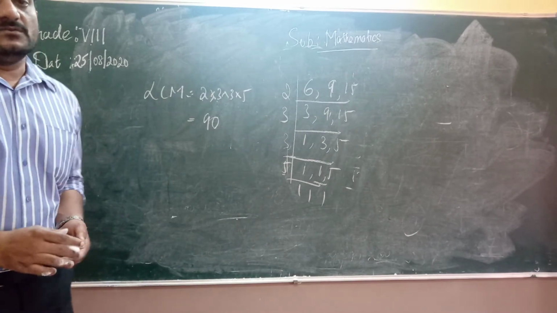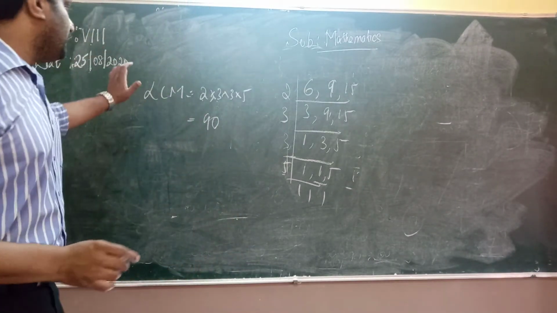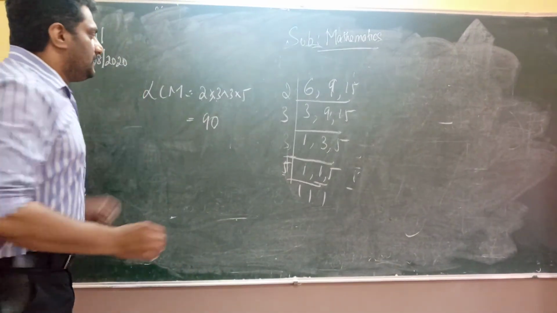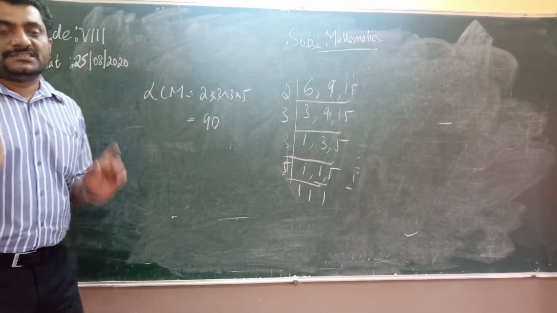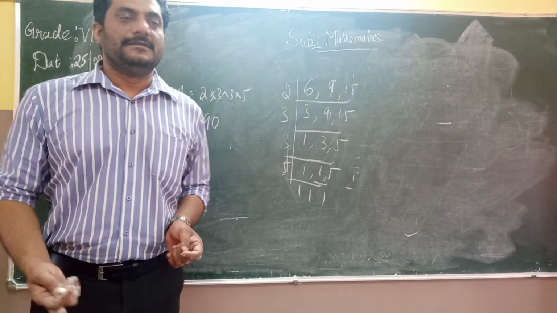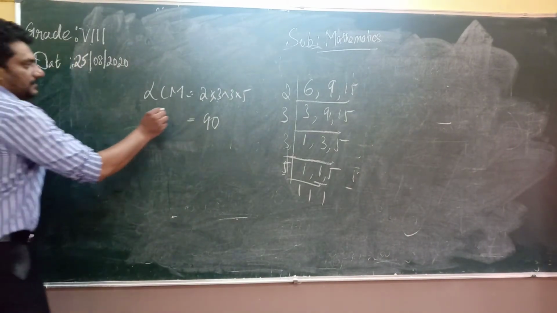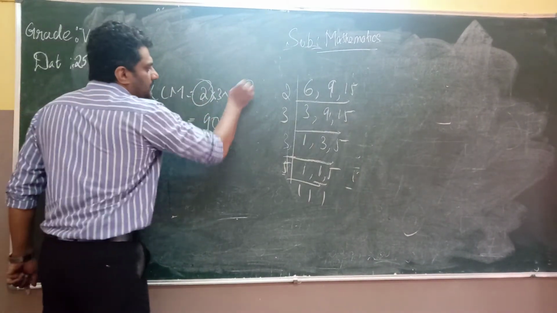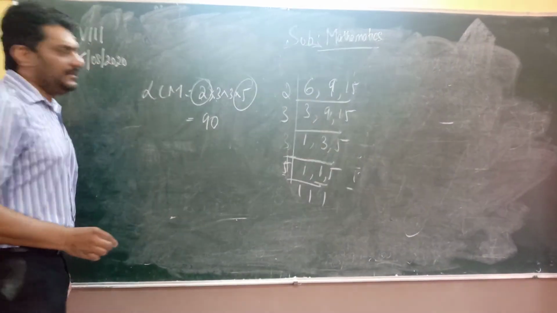Now what do we have to do here is, after we find the LCM, the number which does not have a grouping, you have to add the grouping. That means this 2 does not have a group, this 5 does not have a group.